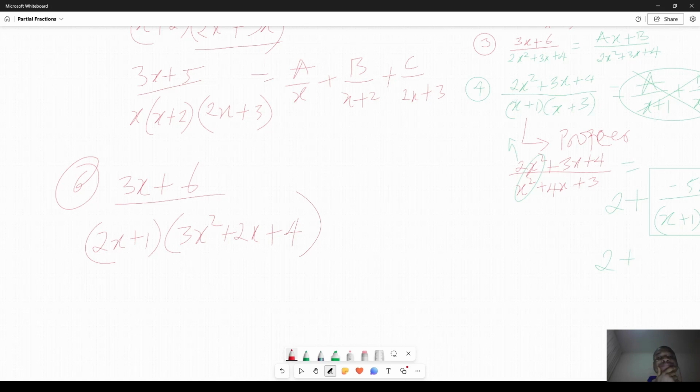Okay, can we factorize this? That's 12. Can anything multiply? So this will give me a over 2x plus 1, then plus bx plus c over 3x squared plus 2x plus 4. Then you can easily solve it.